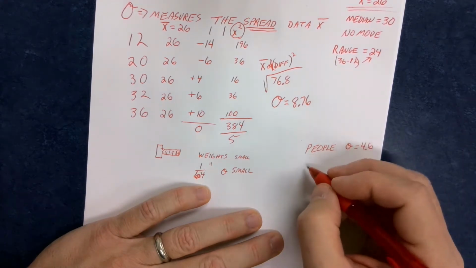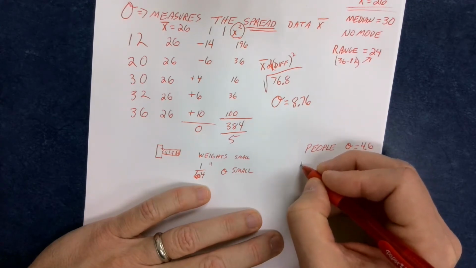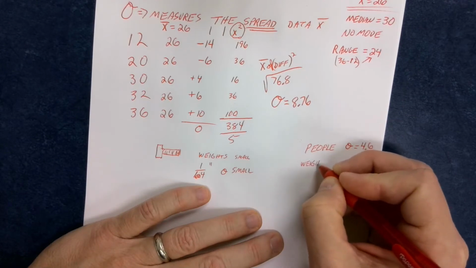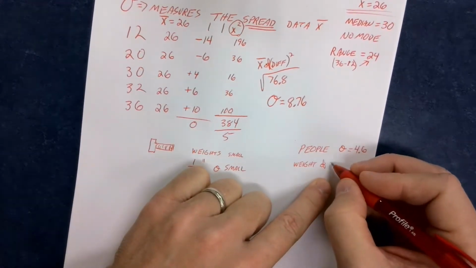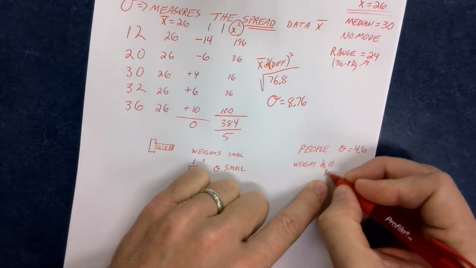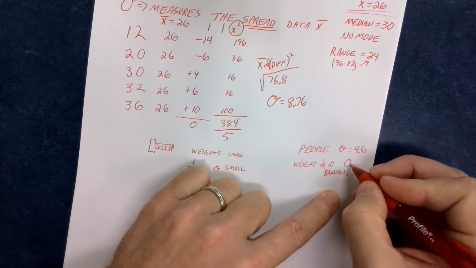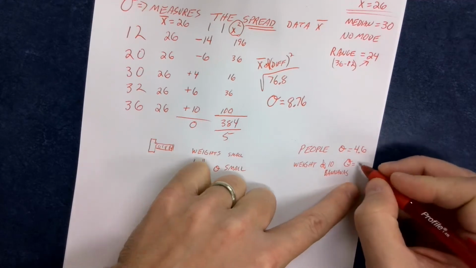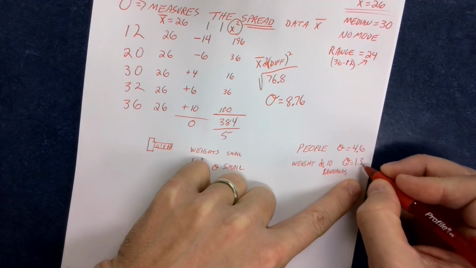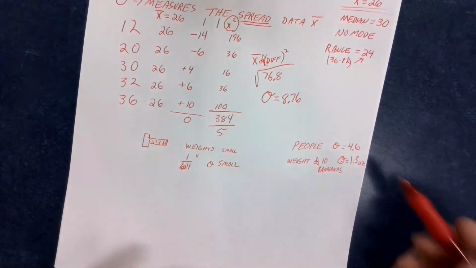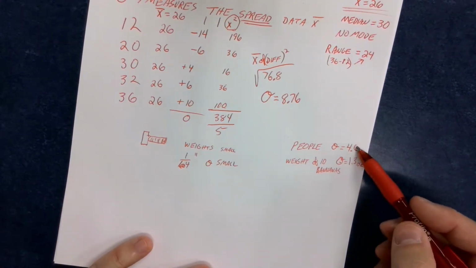And then I could say that the weight, W-E-I-G-H-T, the weight of, say, 10 bananas has a standard deviation of, let's go 1.3 ounces.